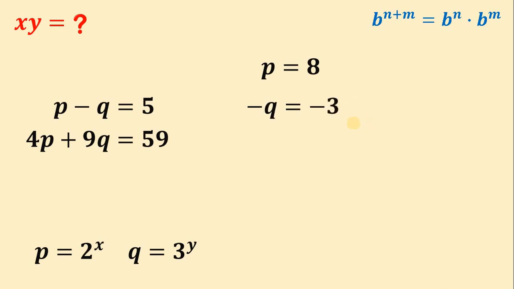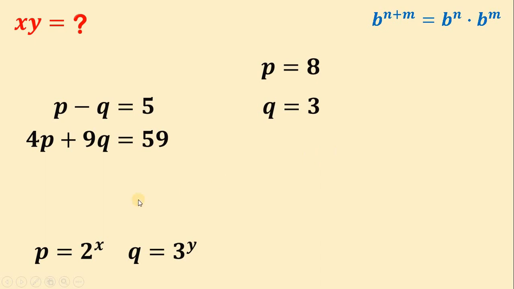Divide both sides by negative 1, or multiply both sides by negative 1, it's the same thing. This will give us q = 3. Now, this is easy to check because 8 minus 3 is 5, and 4 times 8 is 32, plus 9 times 3 is 27. 32 plus 27 is 59. Therefore, p = 8 and q = 3.